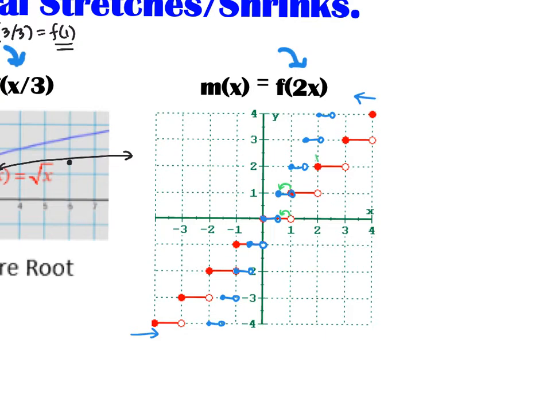This point here that was at x equals 2 is now at x equals 1. This point here that was at x equals 3 is now at x equals 1.5. So we've compressed it by a factor of 1/2 coming from both directions. That is a horizontal shrink by a factor of 1/2.